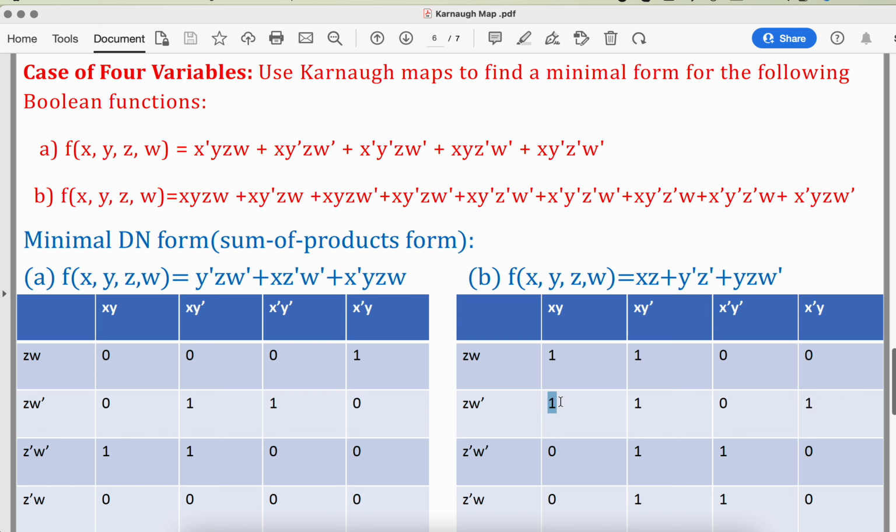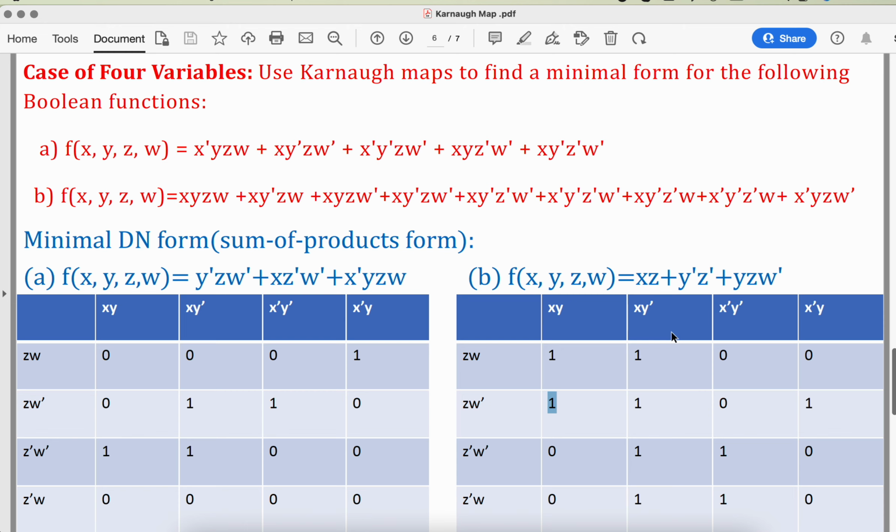So this one can be combined with this one, and this can be considered as one rectangle. Here X and X' means X is in complemented and uncomplemented form, so we are left with Y, and this is ZW', so Y ZW'.